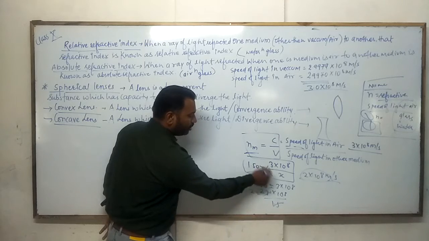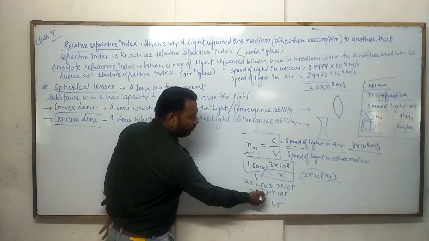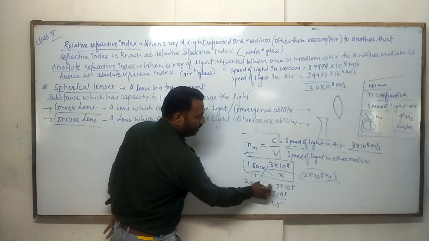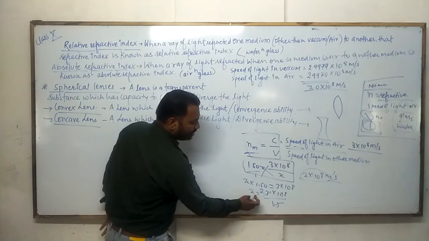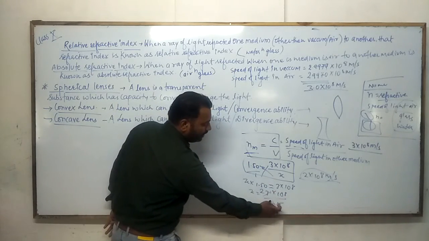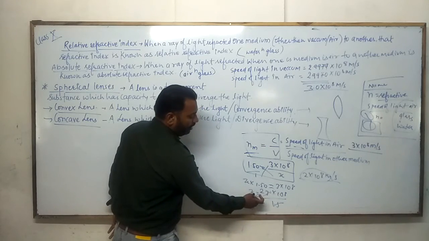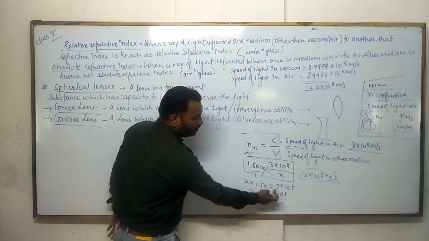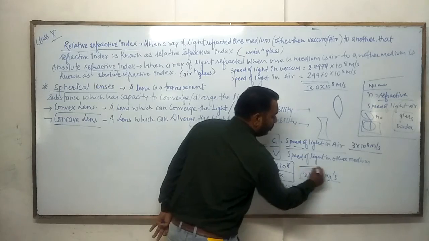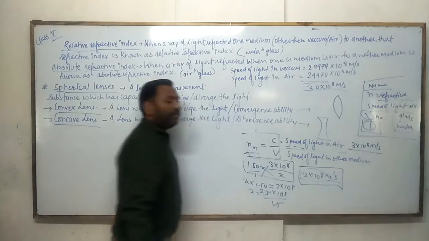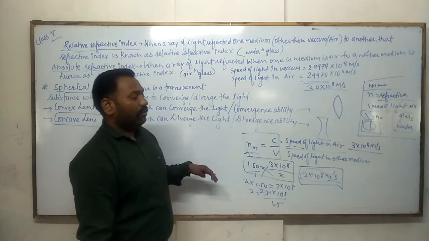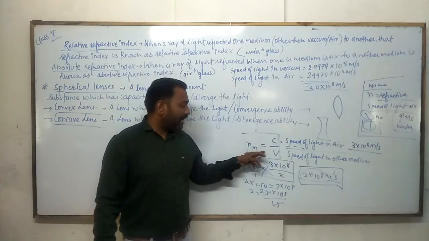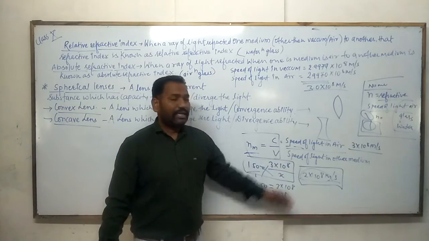Then make the cross multiplication: x into 1.50 is equal to 3 into 10 raised to power 8, then x is equal to 3 into 10 raised to power 8 upon 1.50. Our answer will be 2 into 10 raised to power 8 meter per second. So this is the speed of light in the other medium, other than air, that is the glass medium.